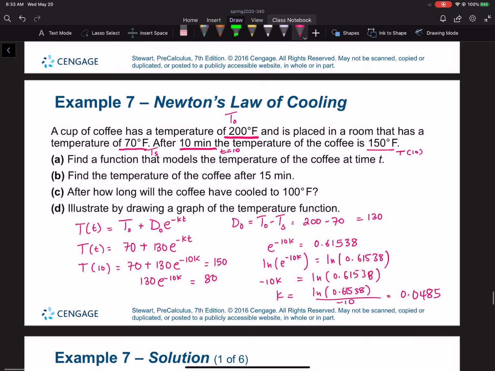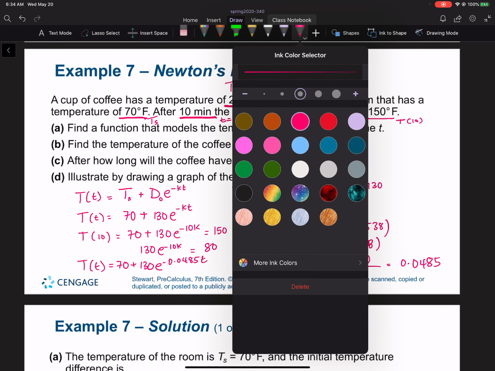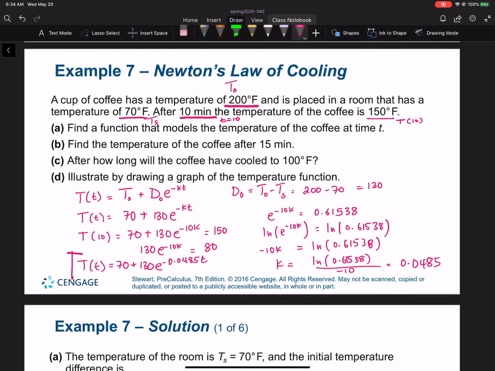That means the final formula is 70 plus 130 e to the negative 0.0485t. So that only answered question A.